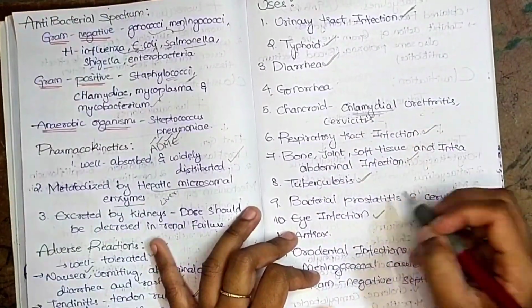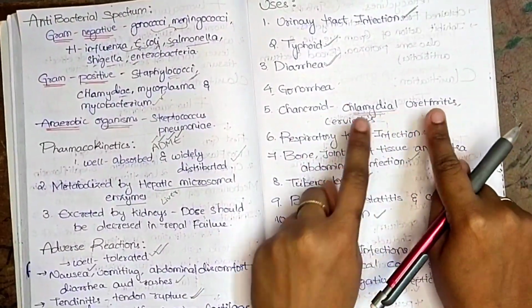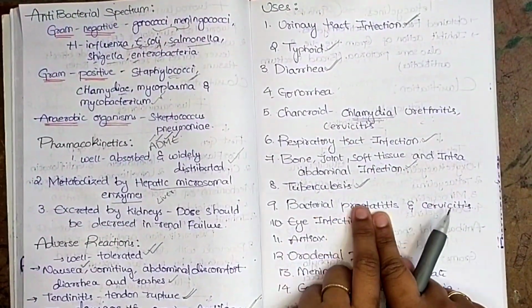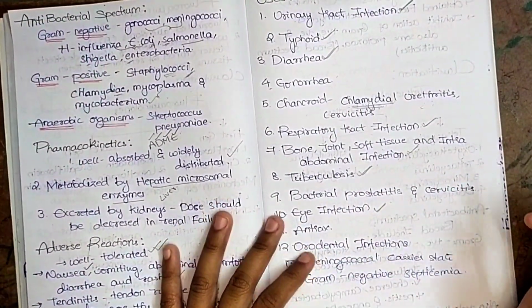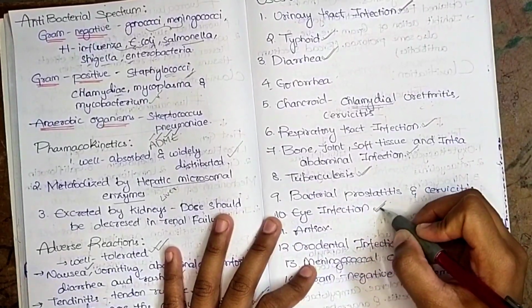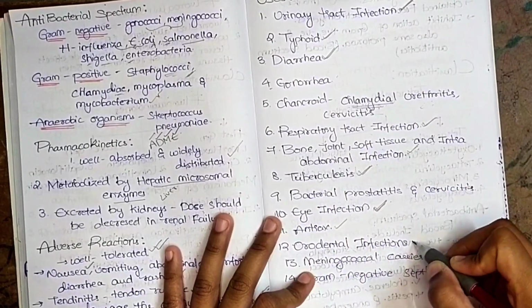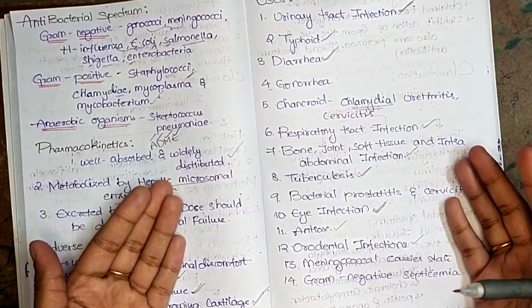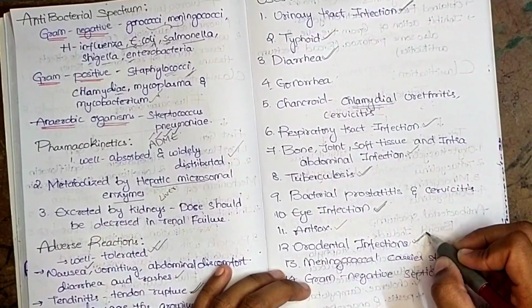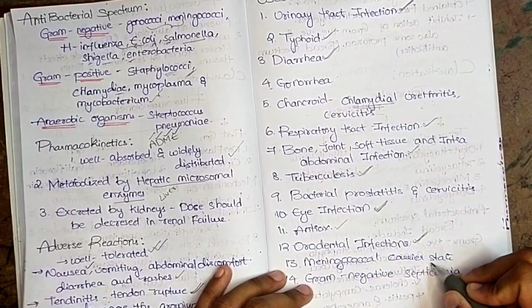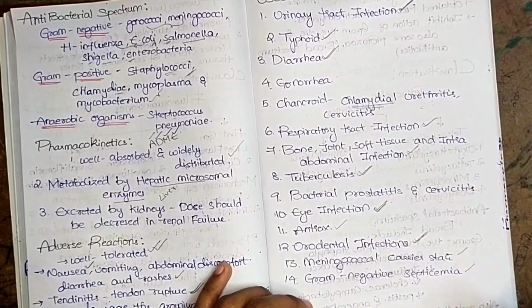Urethritis and prostatitis are different, but chlamydia causes urethritis and cervicitis and bacteria cause prostatitis. And in the eye infection could be seen anthrax, orodental infections. As we are dentists, we should write about dental infections, and meningococcal carrier state and gram-negative septicemia.